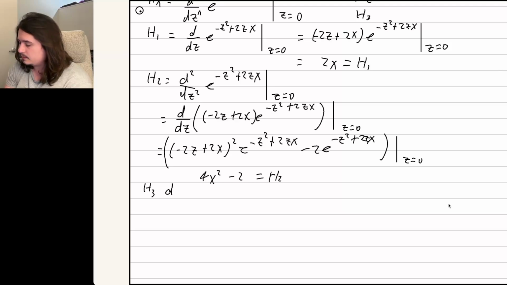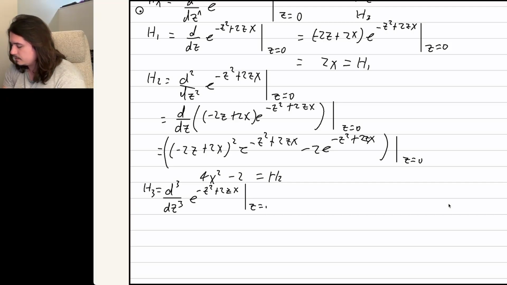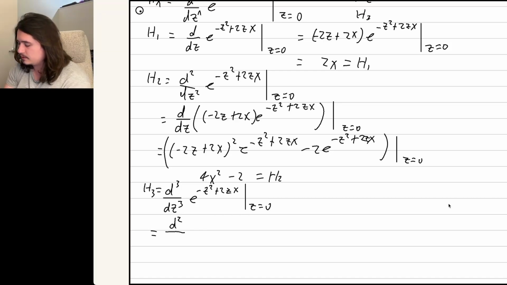Finally, h3 is going to be the third derivative with respect to z of the generating function, evaluated at z equal to 0. So it's the first derivative of the second derivative.